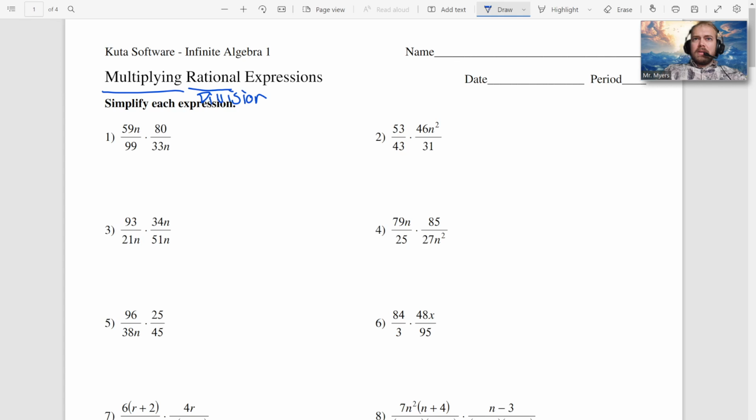8 is 2 times 2 times 2. So it's three 2s, which means I'm going to double 59 three times. Assuming you're decent at doubling numbers, that's another thing we could do instead of multiplying by 8. So 59 times 8 would be 59 doubled three times. 59 doubled is 118. Double it again, you get 236.